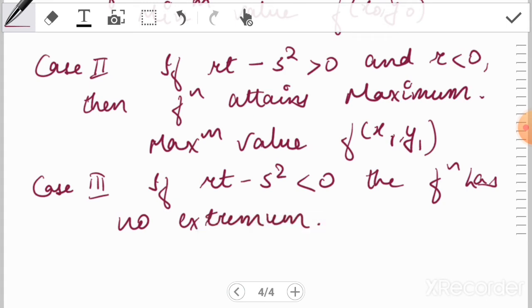This is also called a saddle point. Okay, so saddle point.